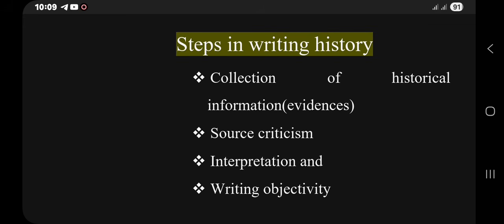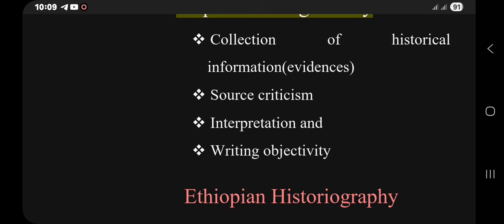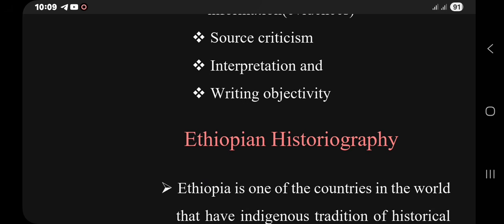It means we have to criticize our sources before using them. It might have internal and external source criticism. Interpretation could be the other step in writing history. It means interpreting our historical facts. And finally, writing with objectivity. Writing with objectivity means we write history without bias.